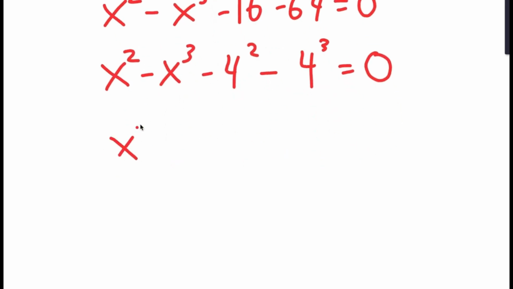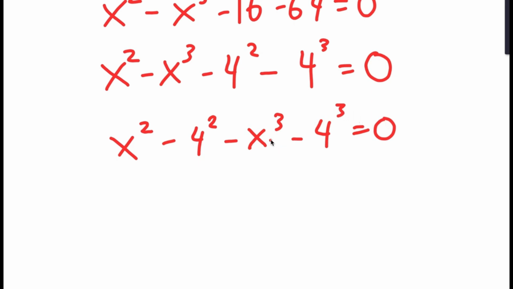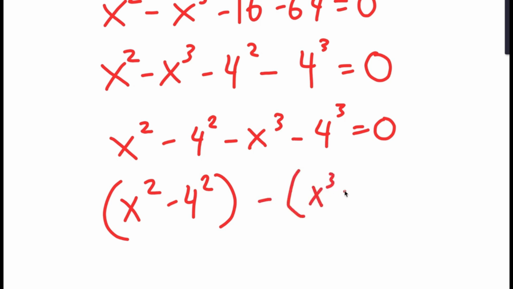And I'm going to group x squared with negative 4 squared, and x to the power of 3 with negative 4 to the power of 3. So now, there's two properties that I'm going to use. And before that, I'm going to rewrite this as x squared minus 4 squared, and I'm going to group this minus x to the power of 3 plus 4 to the power of 3. We put this plus because this negative sign distributes.